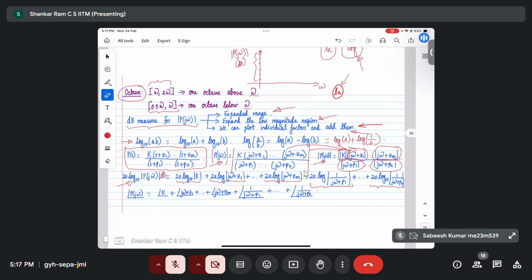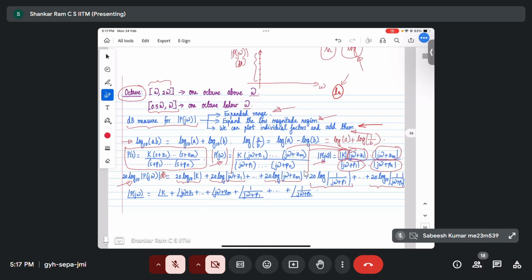So the idea now is that you and I can plot the Bode plot of the individual factors, and then by simply adding them, we can get the Bode plot of the consolidated transfer function. So this is an important advantage of having a logarithmic measure, or decibel measure, for the magnitude.